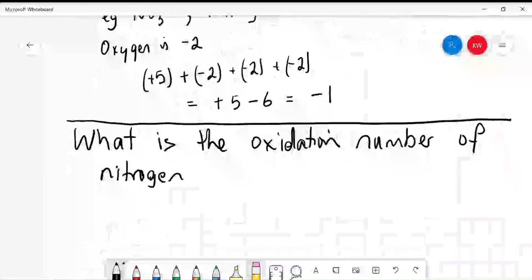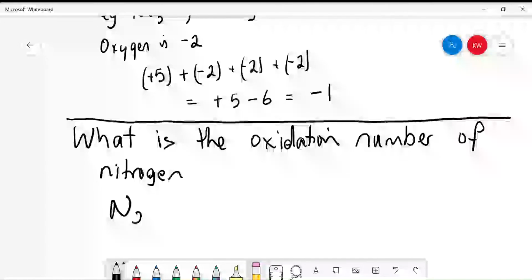So if you have a formula like N2 and I ask you what is the oxidation number of nitrogen here, the first thing you're going to say is, is nitrogen an element or a compound?